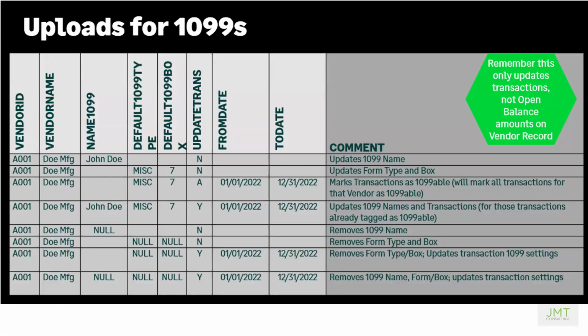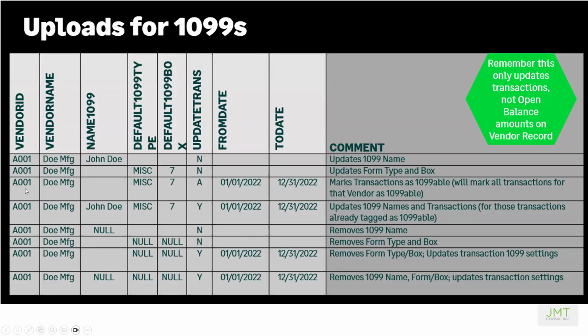So here it'll tell you, okay, if you have the vendor ID and the vendor name and the update trans, it'll just update the 1099 name. And if you have these columns populated, then it'll also update form type and box.